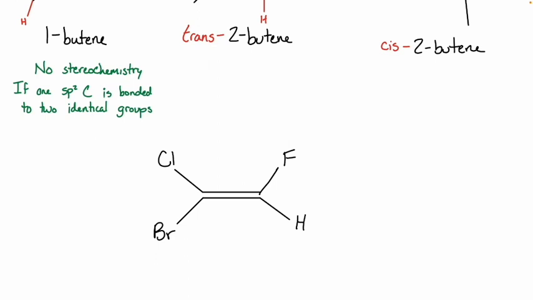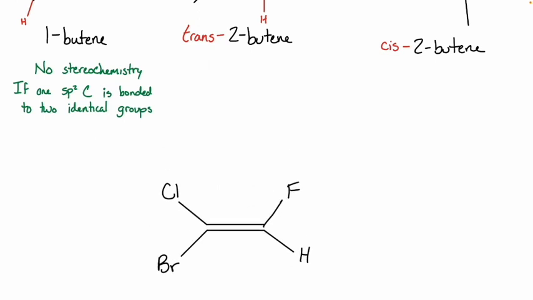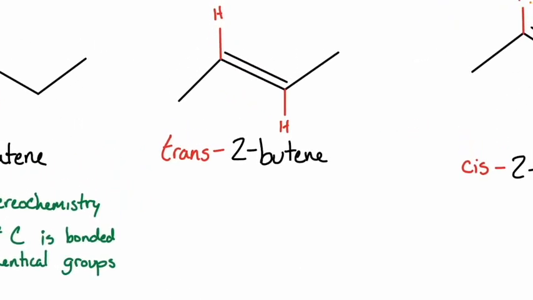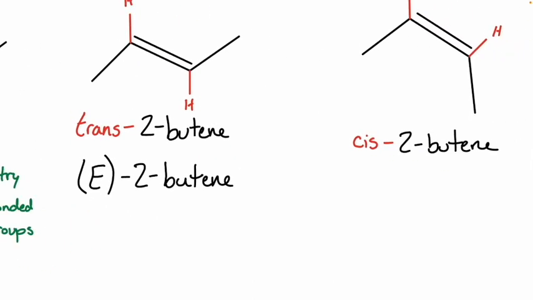Okay? So we have a similar but more expansive way of doing stereochemistry of alkenes called E and Z stereochemistry. Okay? So it turns out that trans 2-butene you could also call E 2-butene, and cis 2-butene you could call Z 2-butene.